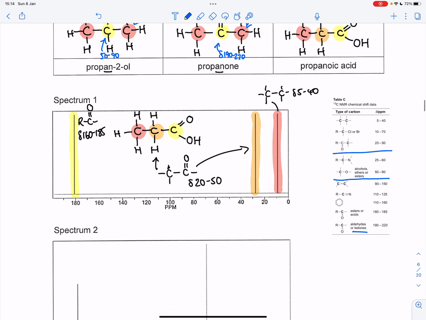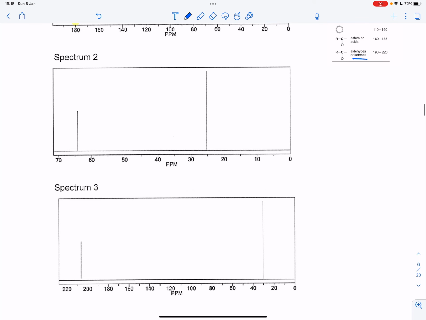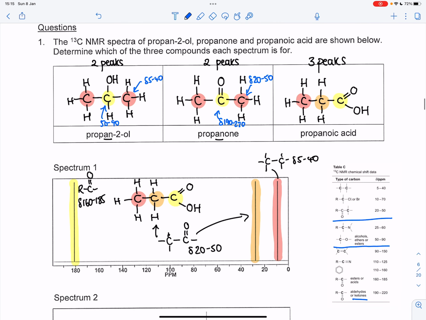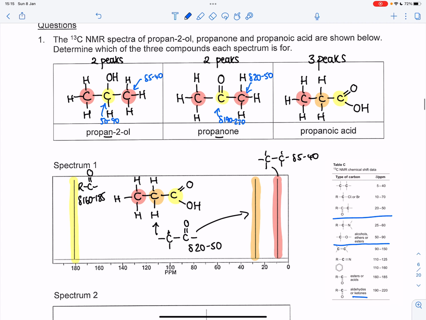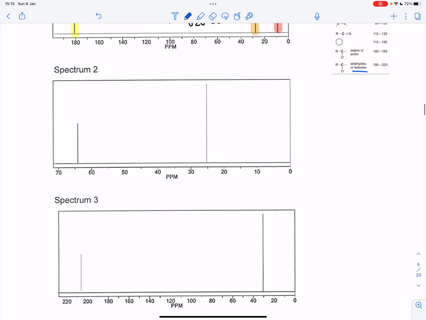So if we look down at our spectra, it looks like spectrum 2 has the peaks that we were expecting for propan-2-ol, and that spectrum 3 has the types for propanone. So if we just pop a little picture in, we can then have a look at what we did and see if it matches.